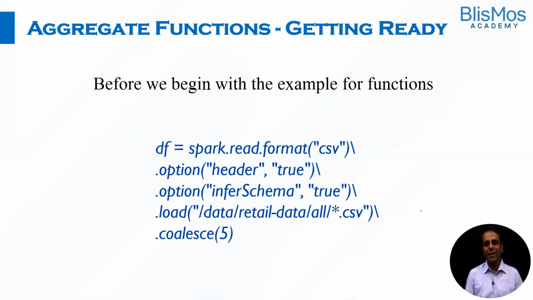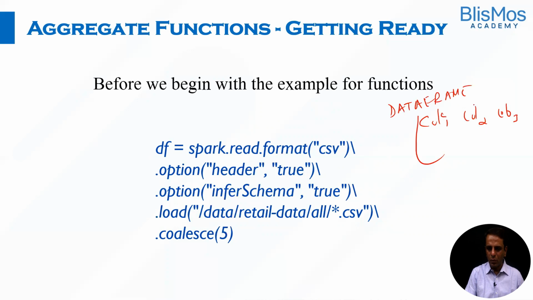Before we get started with count, what do we need for aggregation? We would need a data frame, right? We will have multiple columns, column 1, column 2, column 3 as a part of the data frame, and we will try to aggregate one of them or two of them depending upon our requirement.